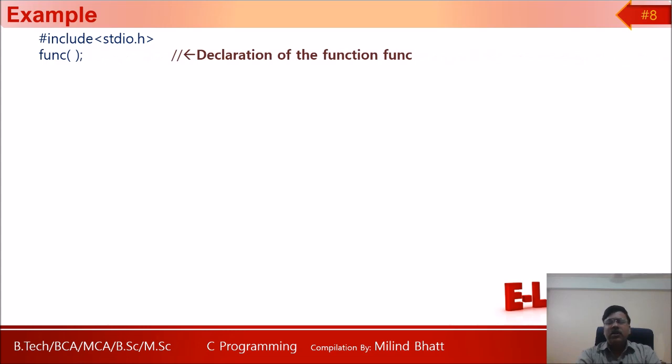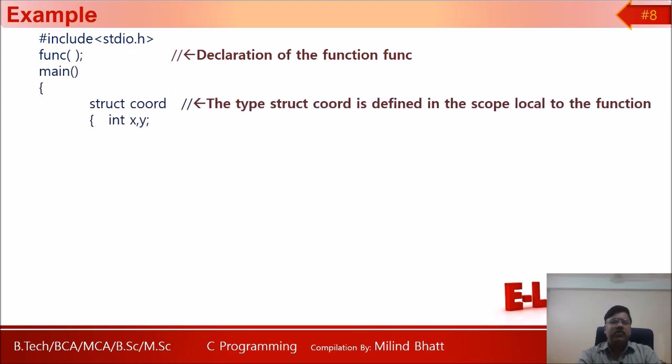Have a look at this example. This will sum up all the points covered in the earlier slides. Let's say I have a function. Its name is function. There is a main. Main is having a description of one structure named coordinates.